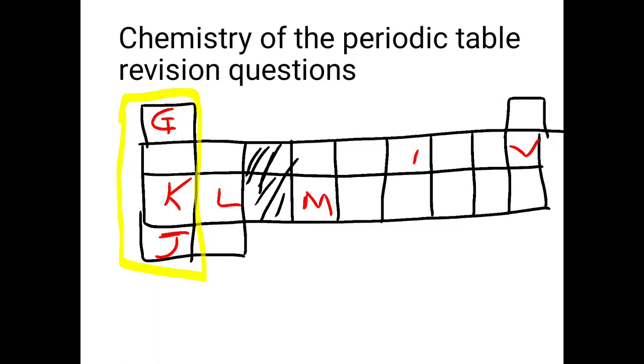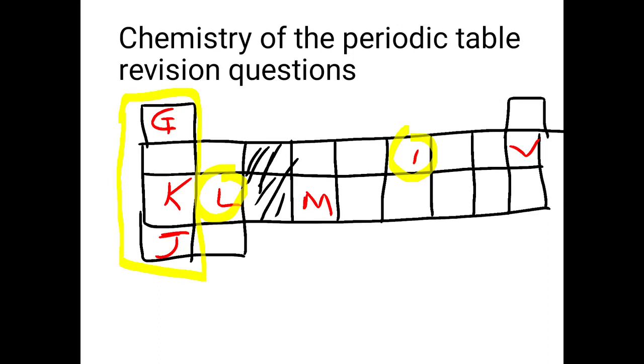Then the next question is write the formula of the compound that is formed when L and I react. So we have L and I reacting. The first question that we need to ask ourselves is what is the electron configuration, or what is the valency of L, to be able to write the formula of the compound that is formed.